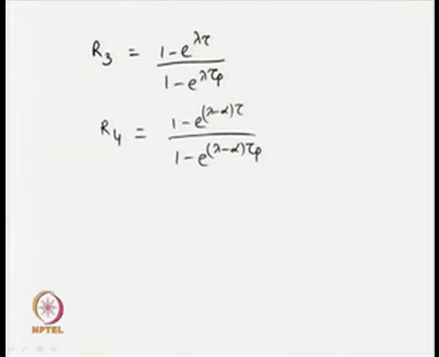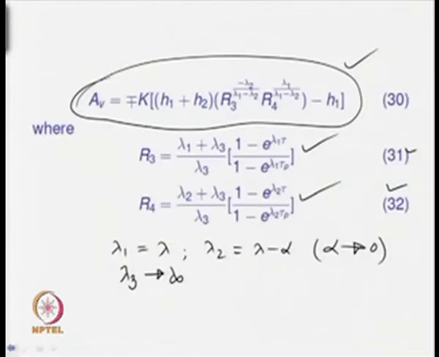Please keep in mind how I am getting this expression for R3 and R4. I am obtaining it from here only, with the substitution of lambda 1 equal to lambda, lambda 2 equal to lambda minus alpha, and lambda 3 tends to infinity. When lambda 3 tends to infinity, how do you get R3 and R4?